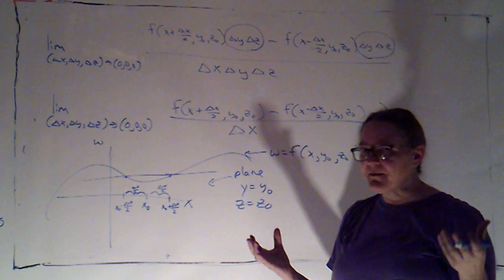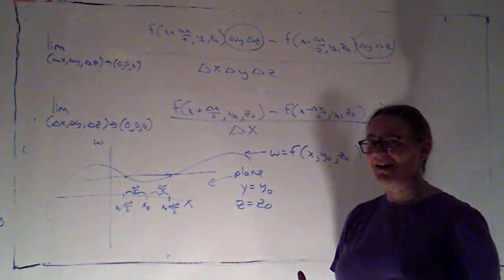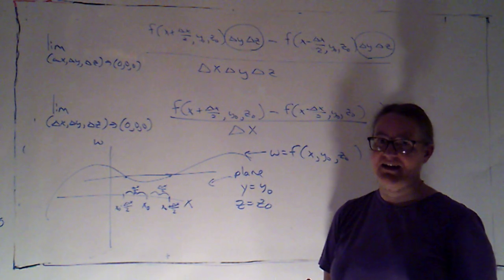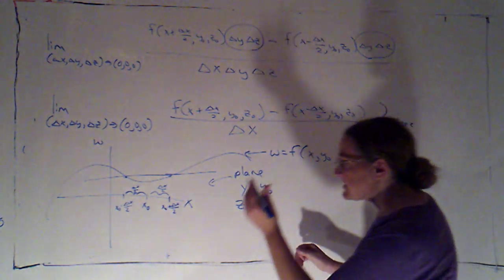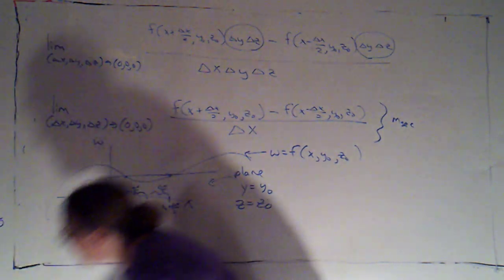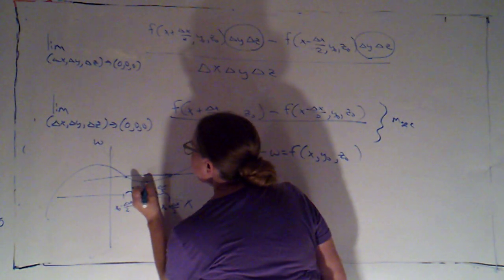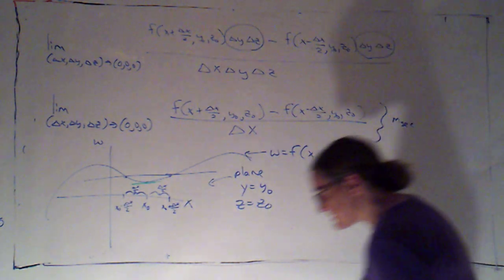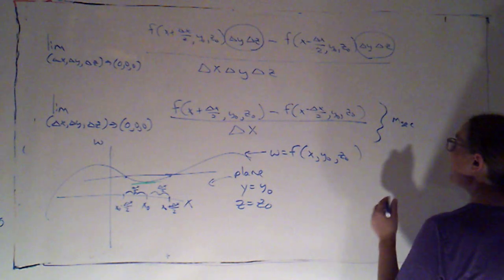And if I take the limit of the slope of a secant line, I'm going to get the slope of a tangent line. So I'm going to be getting the slope of the tangent line to this curve at x naught. But what's the slope of that tangent line?